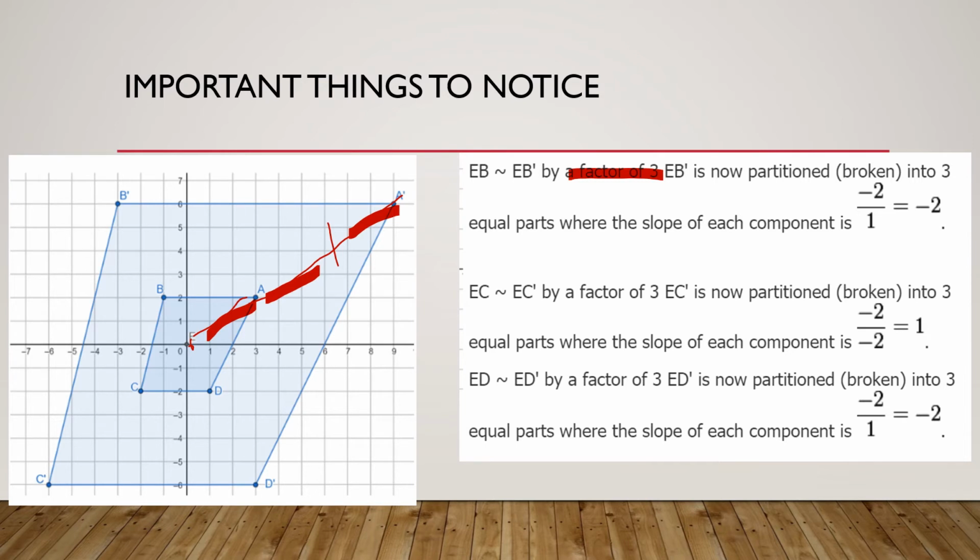Same thing if we look the other way, going from E to C and then C prime, we have a total of, again, 3 equal sections. That's how we know it's a factor of 3. And same thing if we look at E to D and then D prime, again it breaks into 3 sections. That tells us we have that factor of 3.